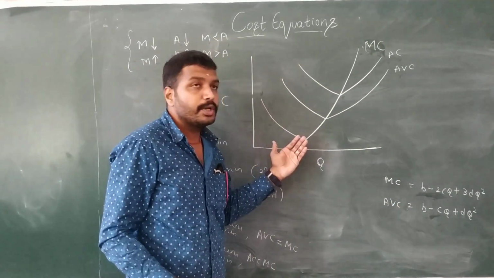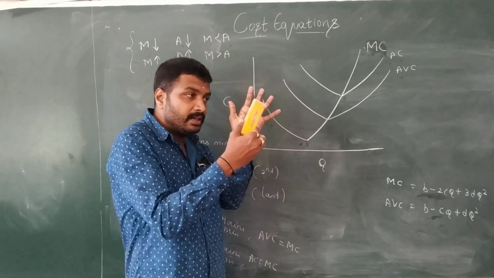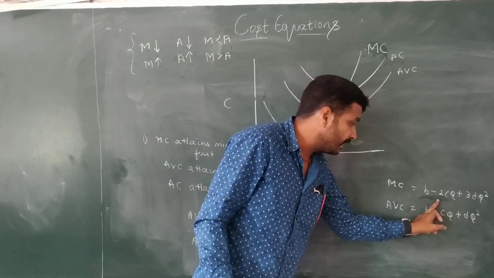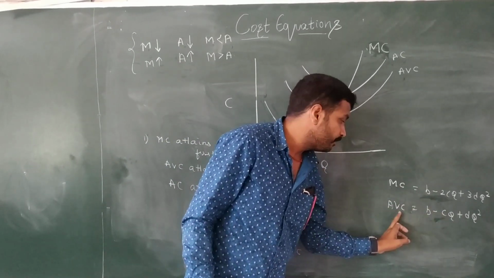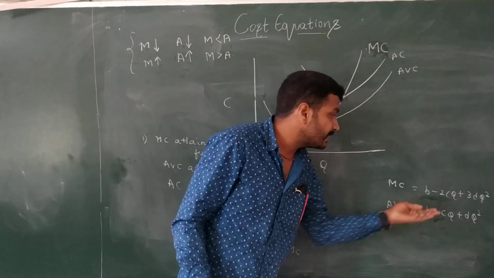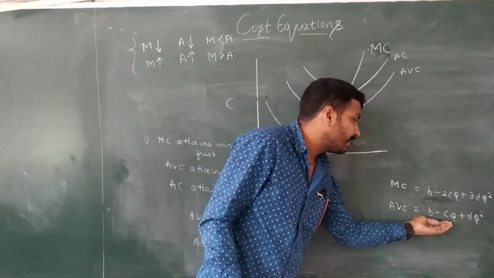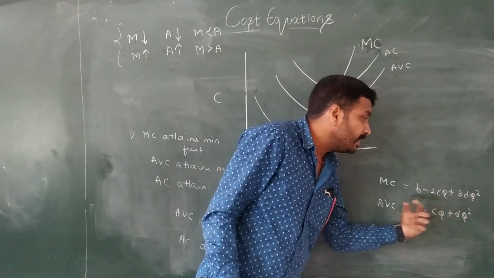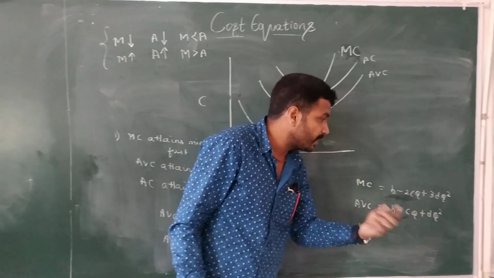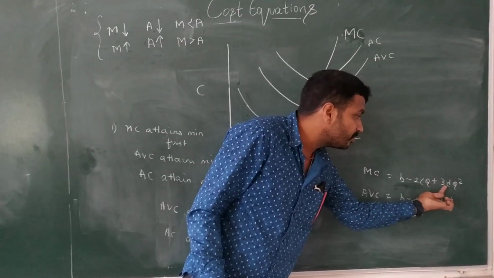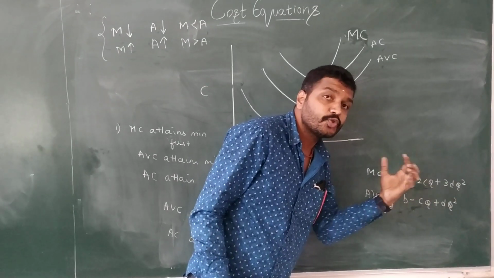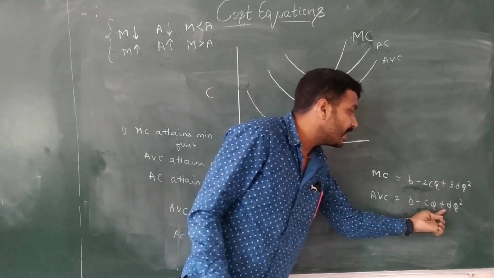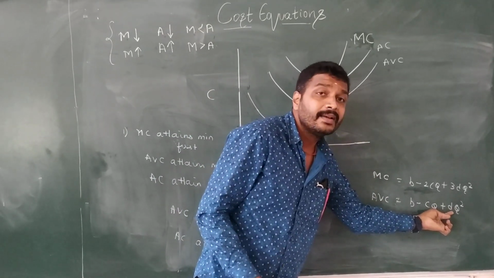No doubt both will start from the same point, but the speed of fall used to be more in the case of MC and less in the case of ABC. That means MC used to be lesser than ABC when MC is falling. Then when MC shows a rising trend, you can see here plus 3D used to be the coefficient. That used to be the slope coefficient, meaning the rate at which MC is going to rise, whereas ABC could rise only by D.